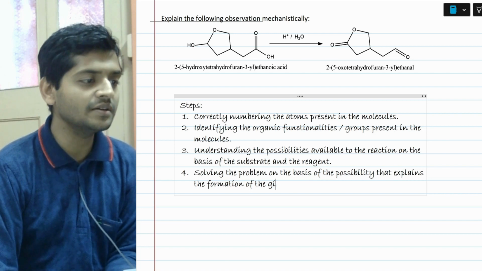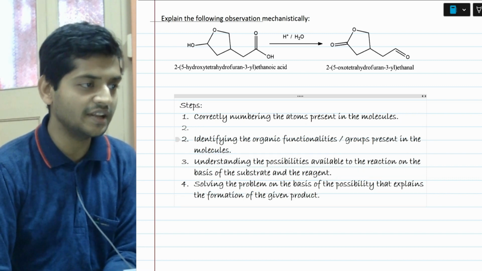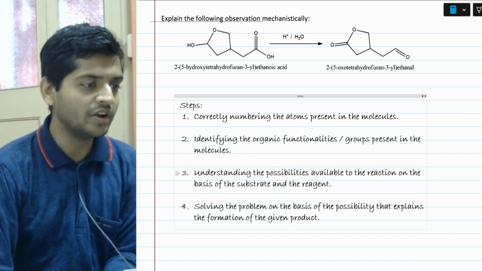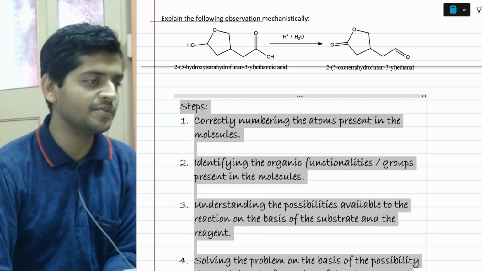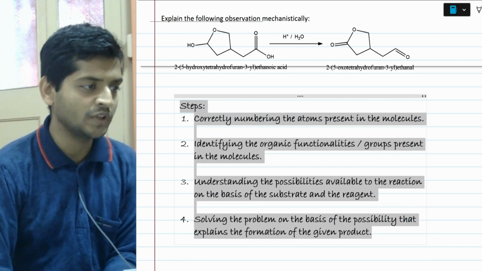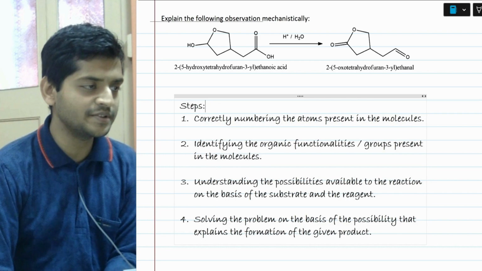So we have a certain product on the right hand side and a certain substrate on the left hand side. So according to the product, we should think about the mechanism, because the question is, explain the following observation mechanistically. So we have divided the whole solution in 4 different steps.